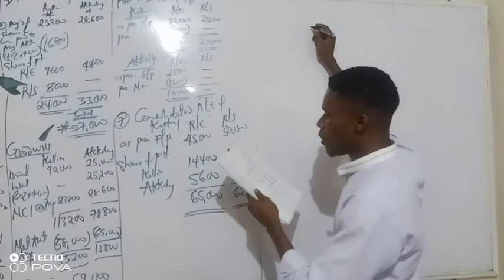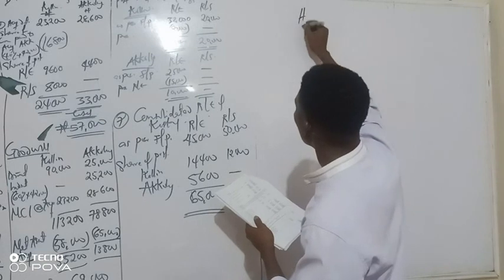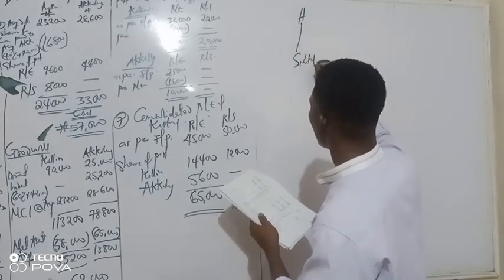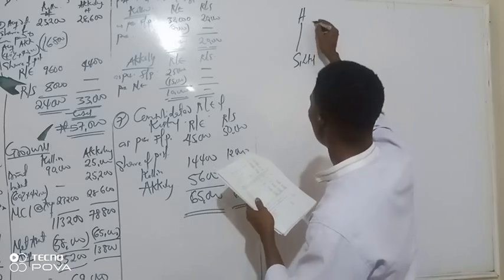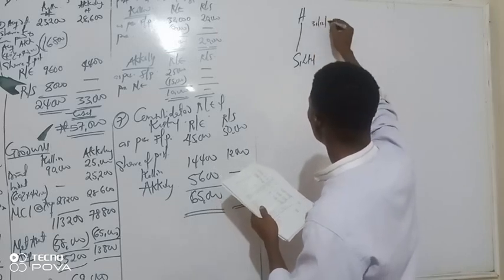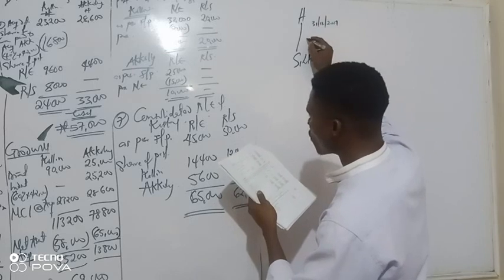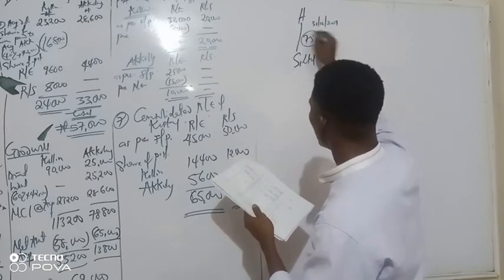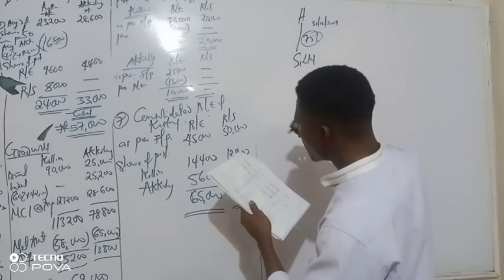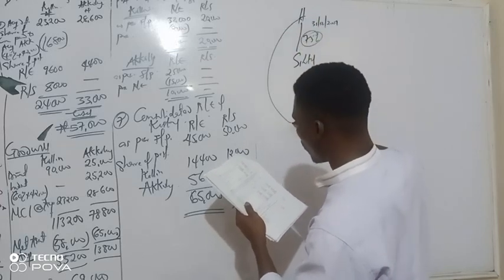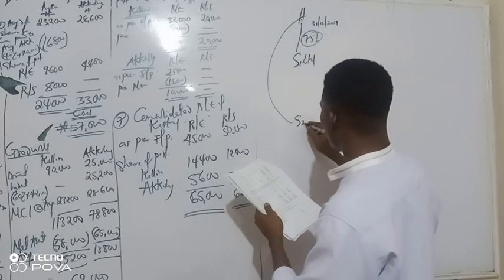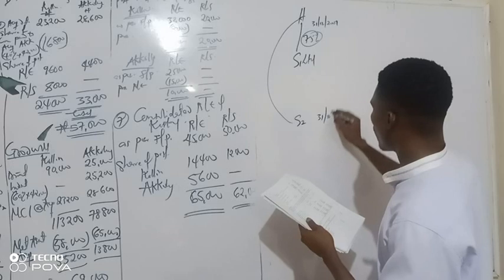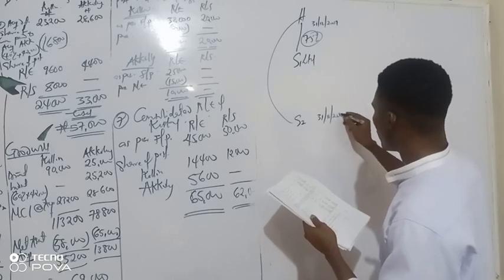Now, H acquires S1 Limited on 31st, 2001. How many percent does it acquire? 75%. And 30% of S2, on 31st, 2000.